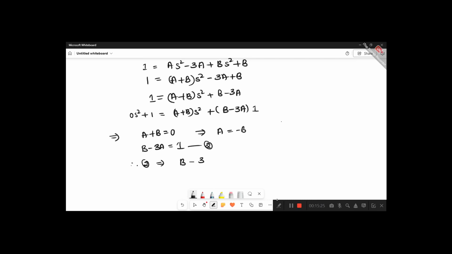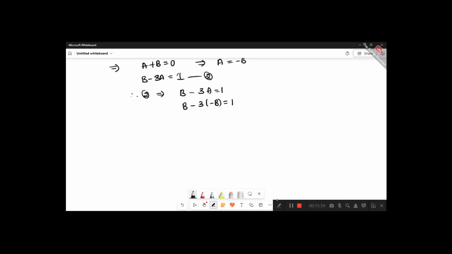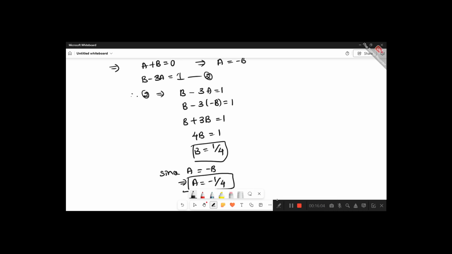So I have b plus 3b is equal to 1, 4b is equal to 1, b is equal to 1 by 4. Since a is equal to minus b, the value of a will be minus 1 by 4. Once we have these values, we will substitute back a and b in the equation. Let's call this an important equation, hash.